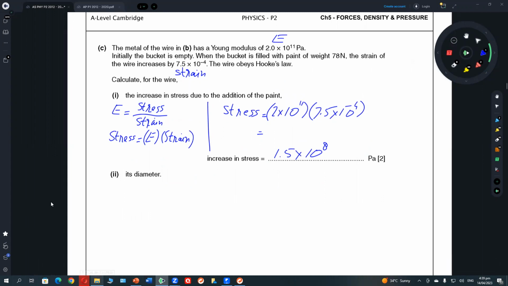How to involve diameter? The second formula was FL upon AE, but that will take a long way. Just a minute. Why don't we apply the stress formula? Stress is equal to force upon area. So I can find area from this equation.